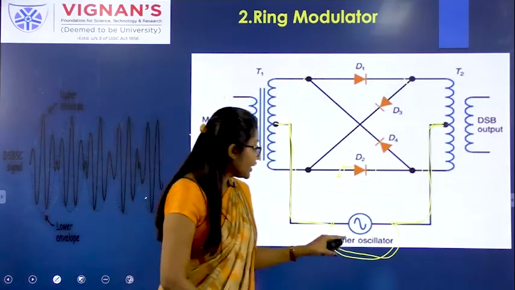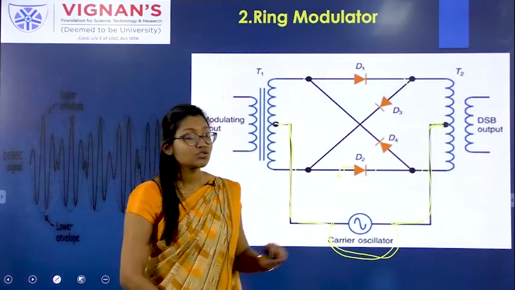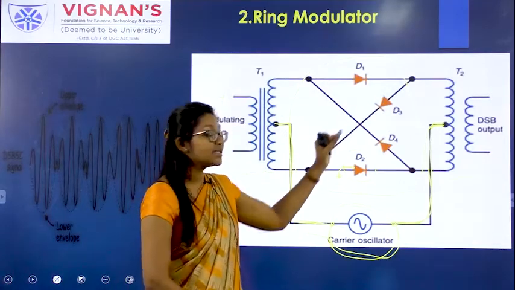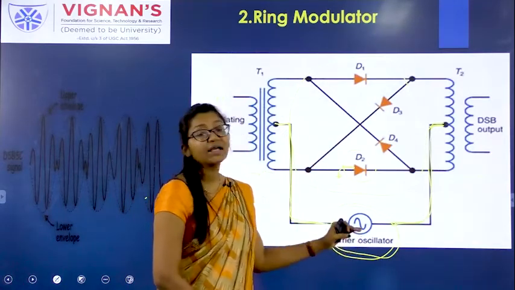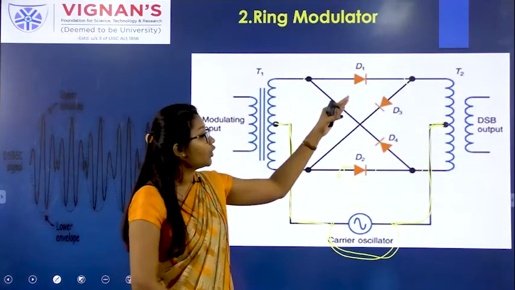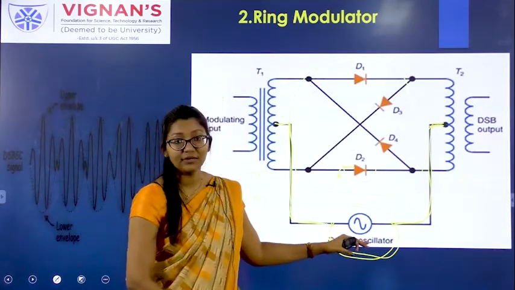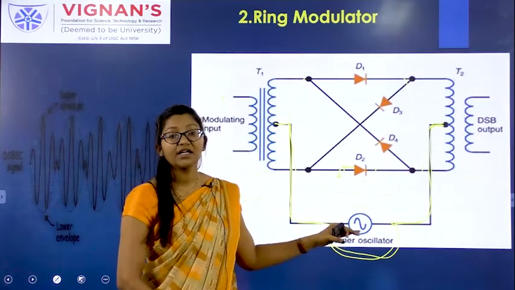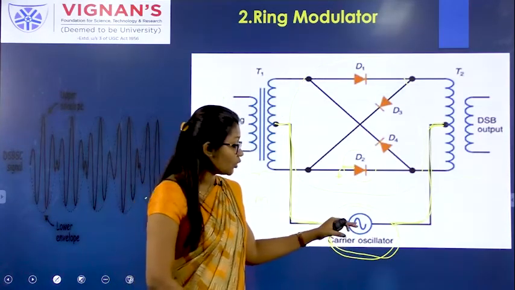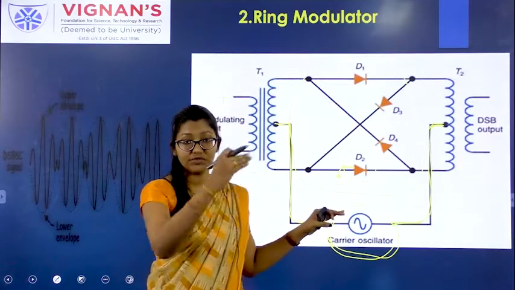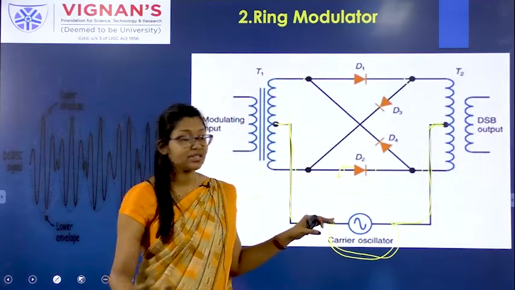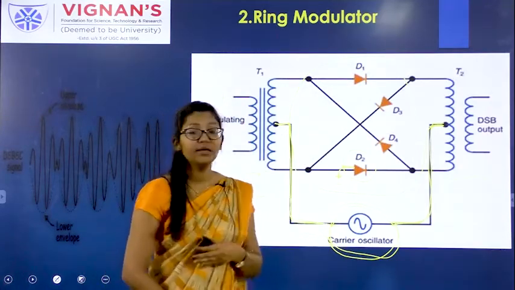So that's why it will consider only the carrier. This diode's operation is dependent upon the carrier signal, so we are giving the carrier signal here. Based upon the carrier's positive and negative signal, the diodes will work.